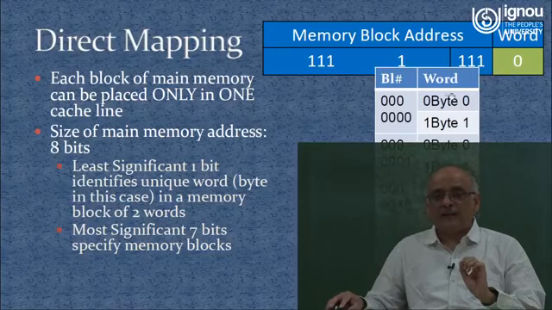If it is 0, then it is byte 0. If it is 1, then we are referring to byte 1. On this particular address, if you compare, we have all ones here. So how are we going to identify whether this particular address is in the cache or not? That is what is to be checked or specified.